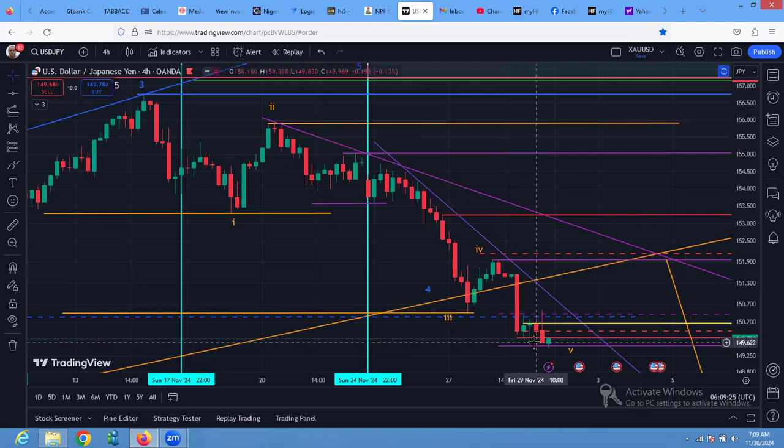If this is 5 in the purple, it means that this 3 will come here to finish 5 in the purple. Then we are looking for a big 4, which will shift this around this area without breaking this top. Then the 5 will go down. So anyhow, not until we take this to the upside, we are not done with this wave. So once we take this to the upside, we know that we are completely done with this wave.